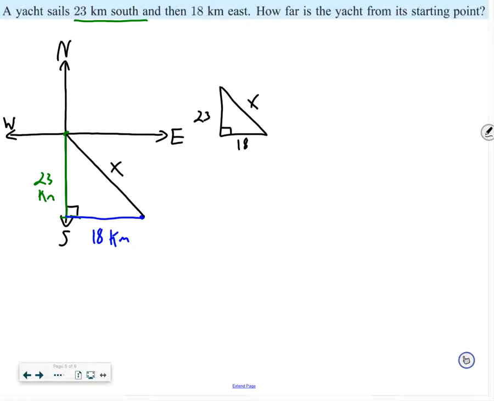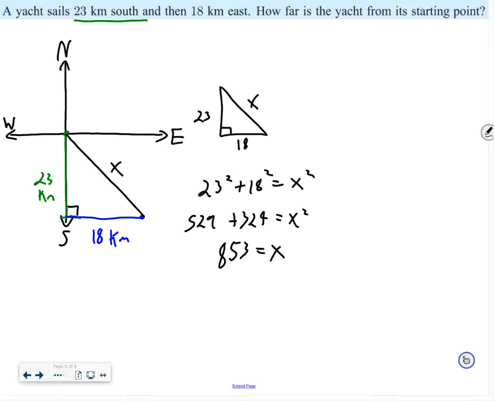So I'm going to solve this as 23 squared plus 18 squared equals x squared. 23 squared is 529. 18 squared is 324 equals x squared. Sum those up, and I get 853 equals x squared.